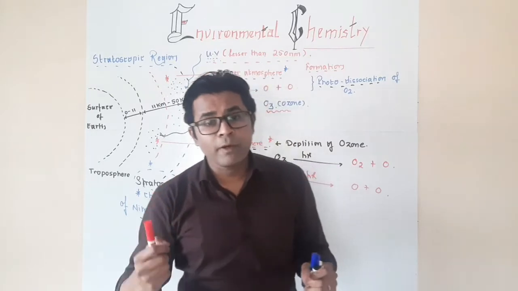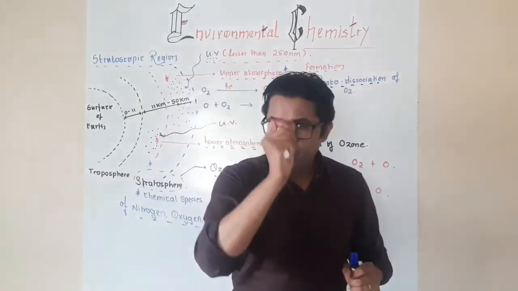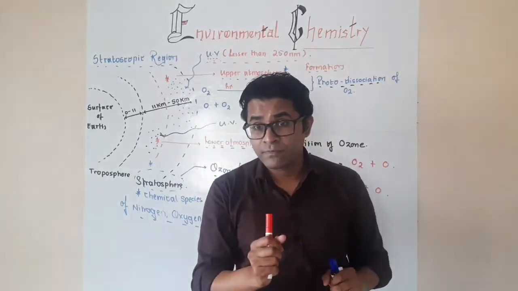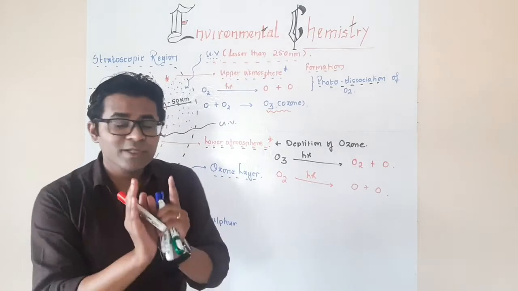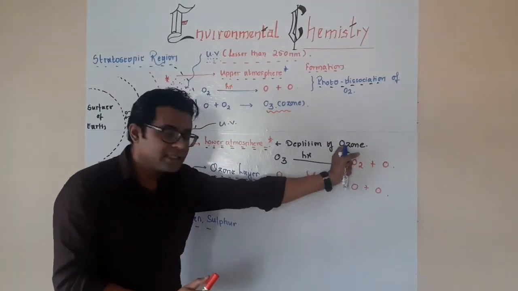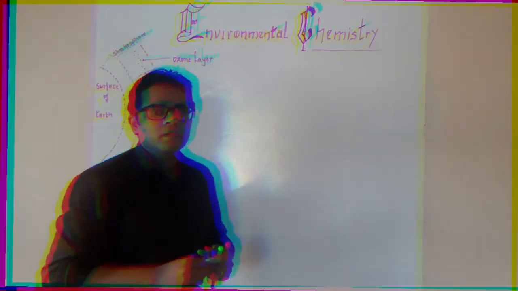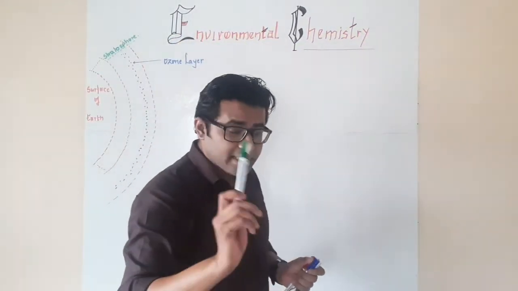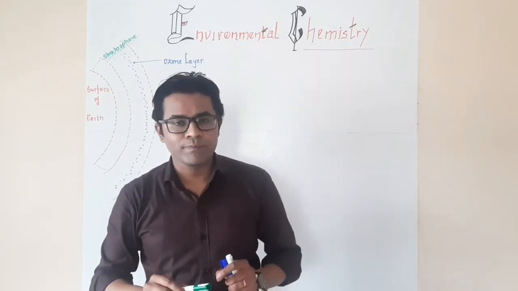Now the next concept we need to deal with is the pollution occurring in this region. What we mean by pollution here is what things are affecting the ozone. So the next point of discussion is the depletion of ozone.